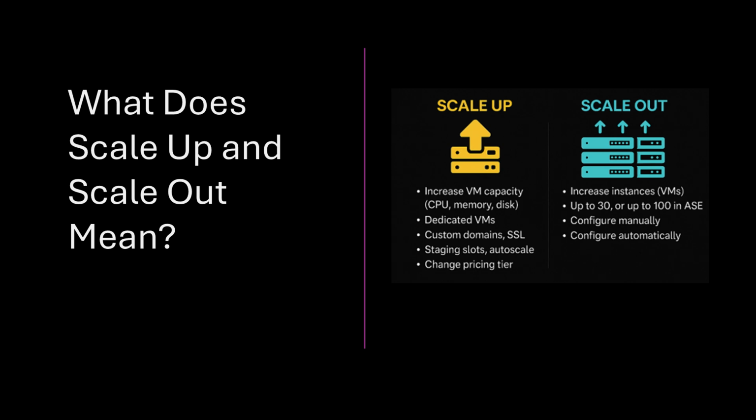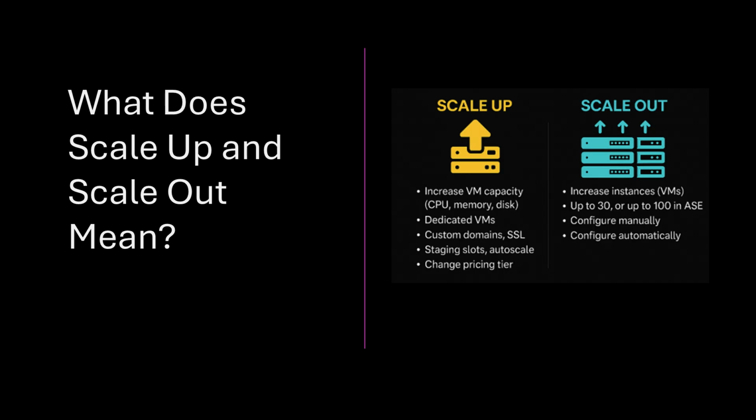When you scale out, you are adding more instances of your app across multiple virtual machines. Your app runs in parallel across them, helping you handle more traffic. You can scale out to up to 30 instances depending on your pricing tier.